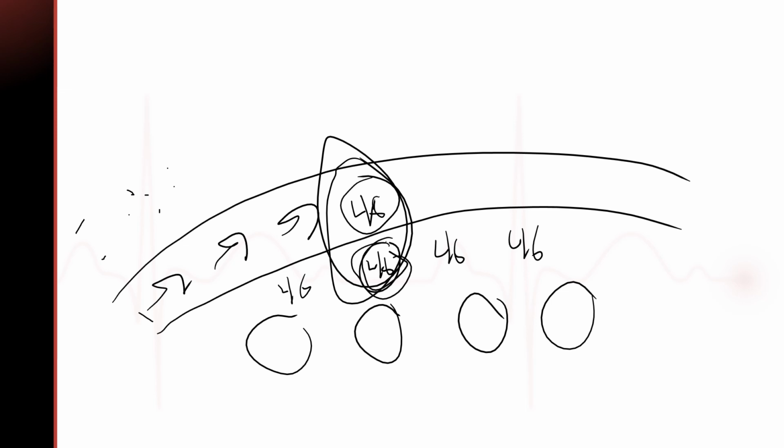So to say that 6 millimeters of mercury in terms of a gradient of carbon dioxide went from the interstitial fluid into the blood plasma, that's not very much CO2 that has actually left the interstitial fluid and gone into the blood plasma.